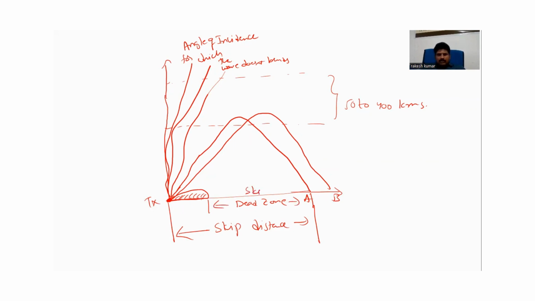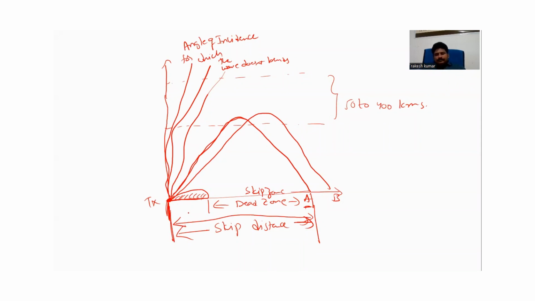Here the wave enters into the ionosphere and reflects back. So the minimum distance from the transmitter to the receiver where the signal comes back, this distance we call skip distance.